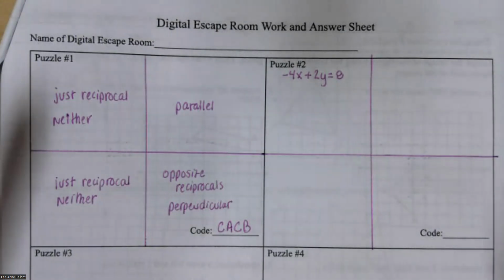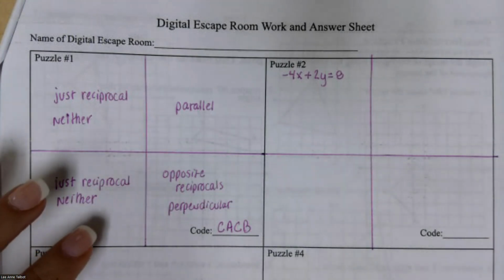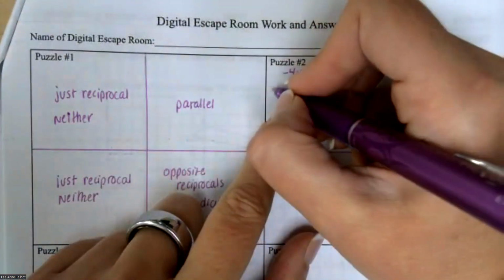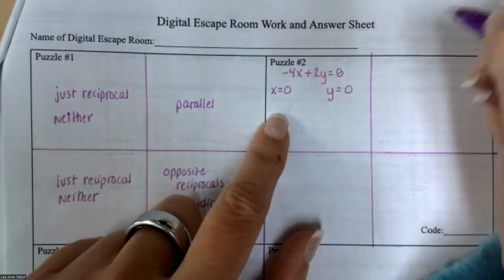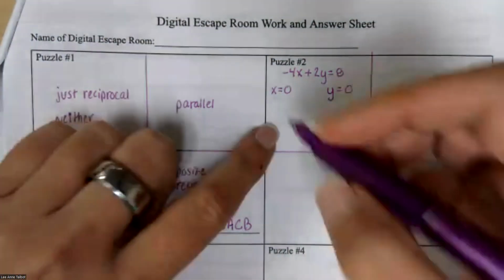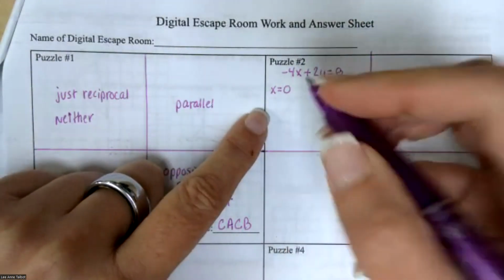Okay, do you guys remember what we did in the warm-ups with the x and y intercepts? Okay, so that's what you're supposed to do here. So you're going to say x equals 0, y equals 0. And the first thing you're going to do is put 0 in for x.